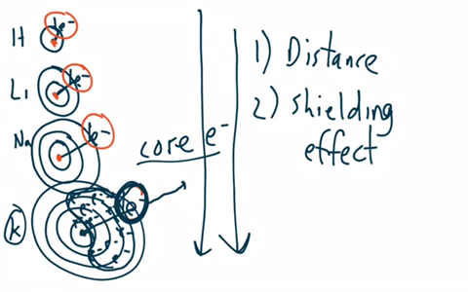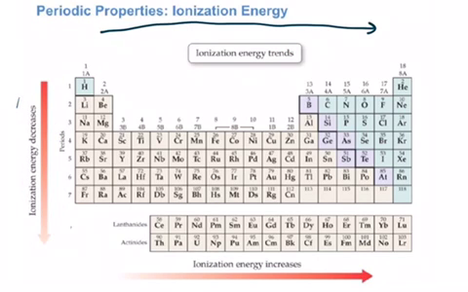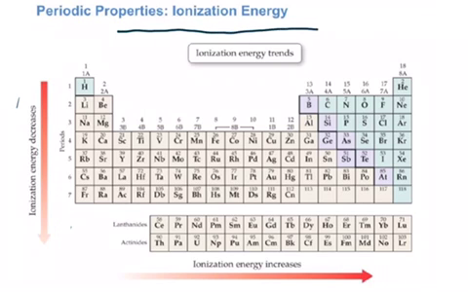Now, we're also going to take a look at what happens when you go from left to right. Okay, if you look here, notice, let's erase this part here. If you recall from atomic radius, atoms actually are getting smaller as you go from left to right.